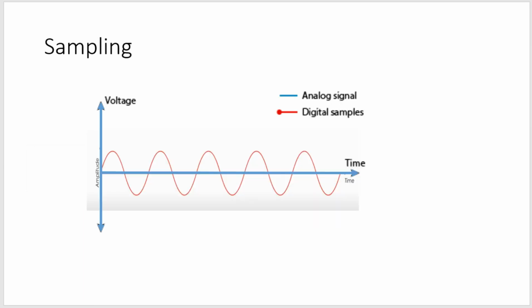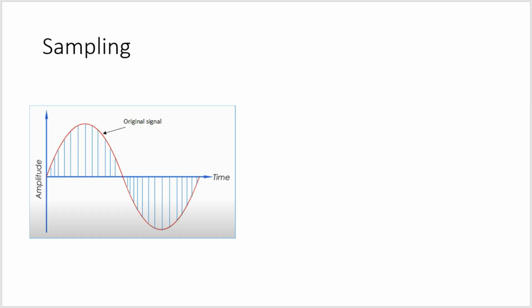Okay, continue with sampling. As we know, an analog signal is continuous over time. It looks like this if we draw a graph to represent the analog signal wave. So okay, now let me explain this sampling with this graph. The red continuous line is the original analog signal.